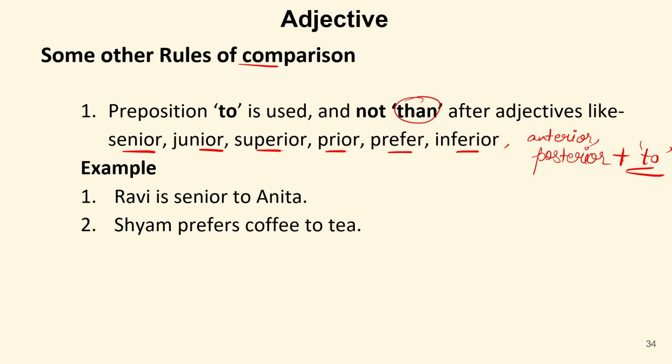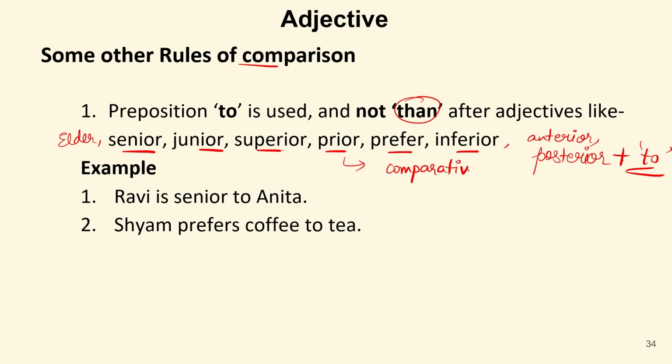We do not use than with all these words. One more word is included in all these words, that is elder. If we see any of these words, we use to after these words and not than. Because all these are comparative words. These are not comparative degrees.